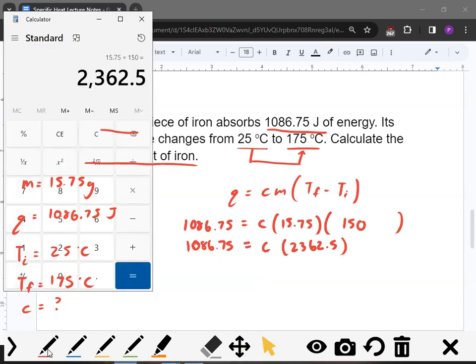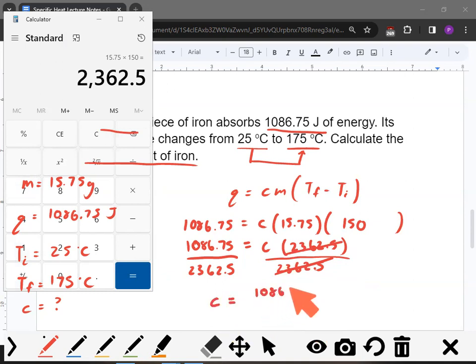All right, and then same thing as before. If you want to isolate C, what you want to do is divide by the number that it's next to. So you're going to divide both sides by 2362.5. These guys cancel out. And that way we're able to see that C is equal to 1086.75 divided by 2362.5.